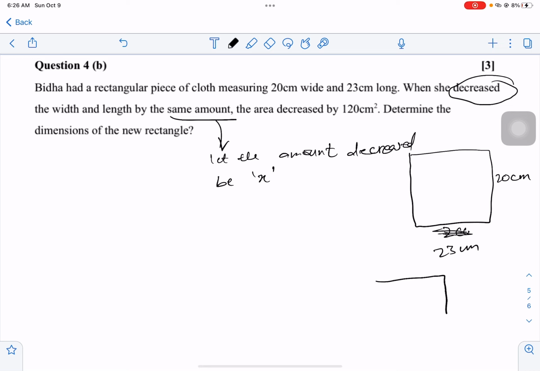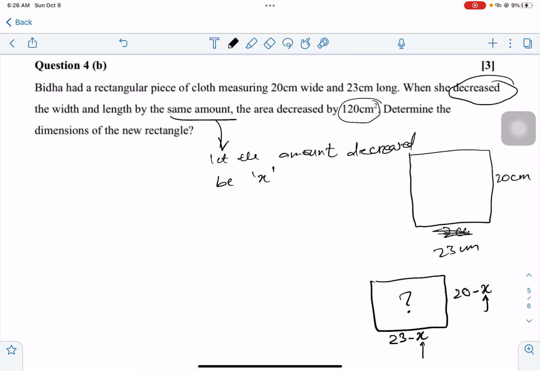So she is decreasing, which means subtracting, right? So the new rectangular piece of cloth will be 23 minus x and 20 minus x. Why am I using both x? Because the same amount is decreased, so it's minus. The area decreased by 120 centimeter square.